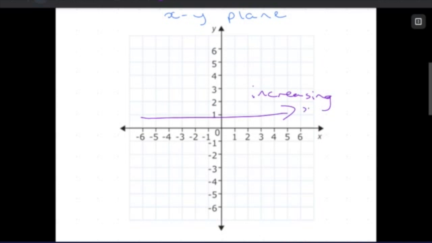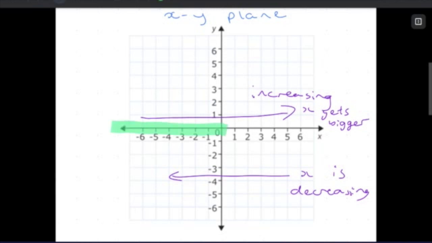My X is getting bigger. Now, in the opposite direction, my X is decreasing. Going from, say, 0 and moving out this way, my numbers are progressively getting smaller, going down by 1 for each little grid line here. We are stretching off into negative infinity, more or less.